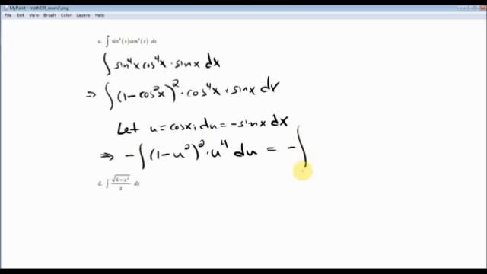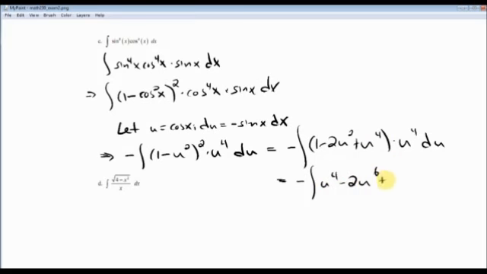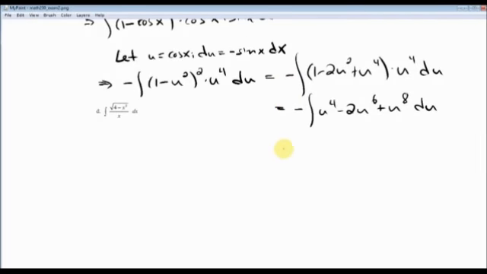Alright. So if you clean all of this up, you get 1 minus 2u squared plus u to the fourth, times u to the fourth, and then distribute that, you get u to the fourth minus 2u to the sixth plus u to the eighth. And then integrating, we get minus, and then 1/5 u to the fifth minus 2/7 u to the seventh plus 1/9 u to the ninth.